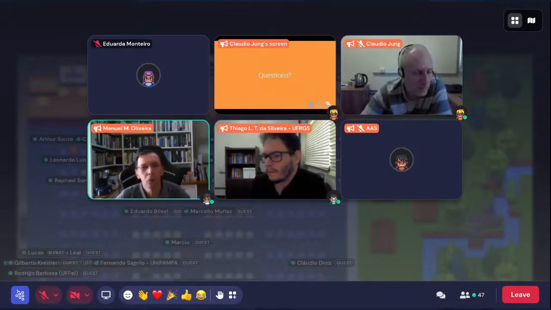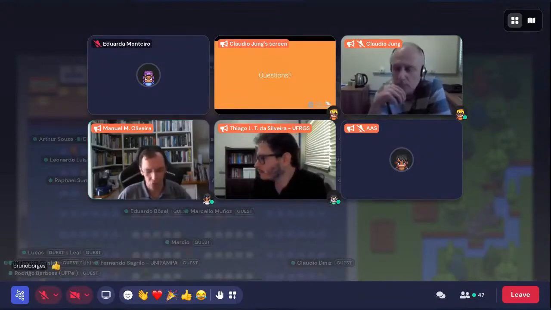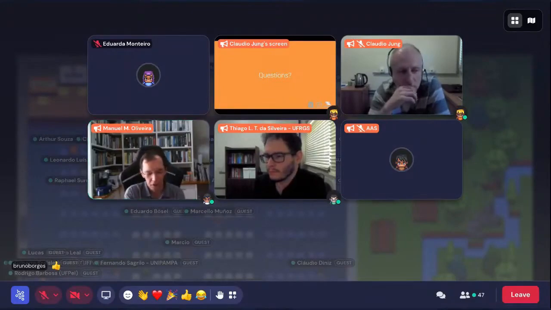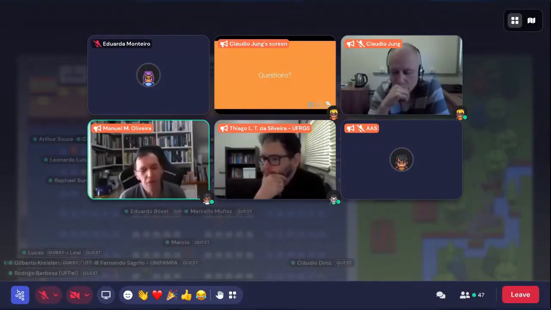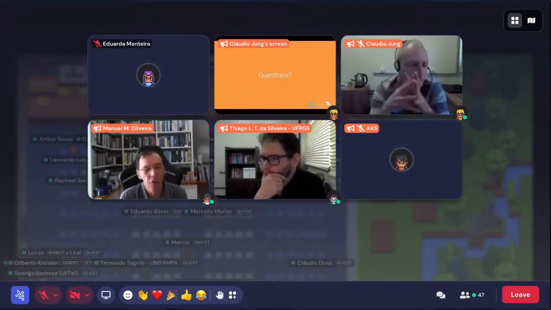Okay, so while people get ready to go to the microphone and ask questions, I'll ask a few questions of mine. One important issue that Cláudio pointed out is this thing that he called gravity alignment.